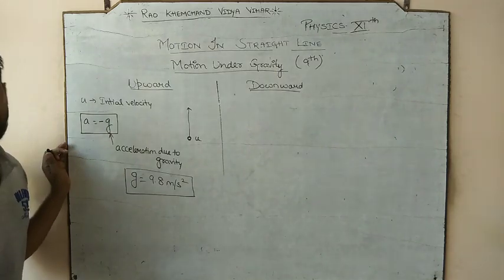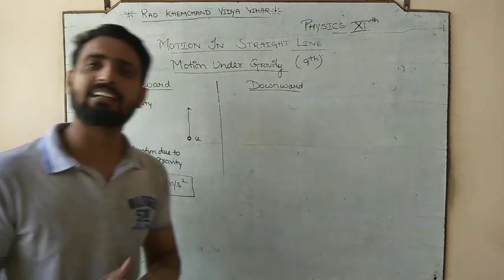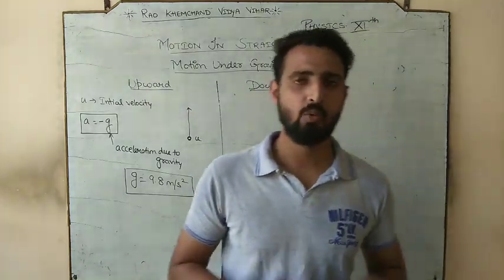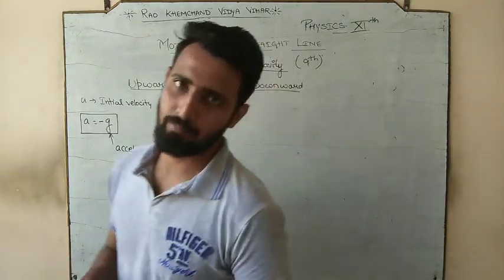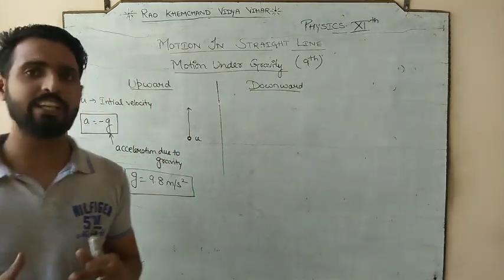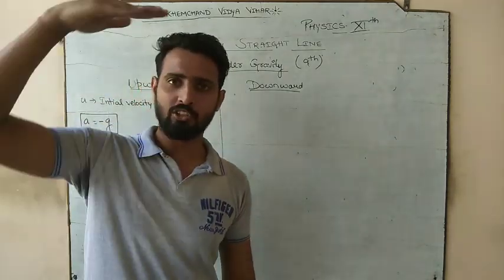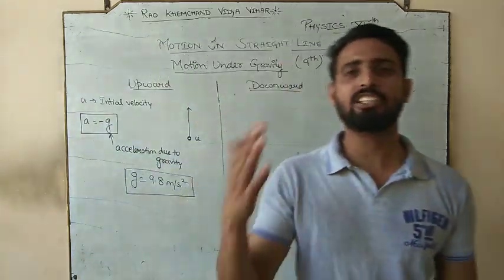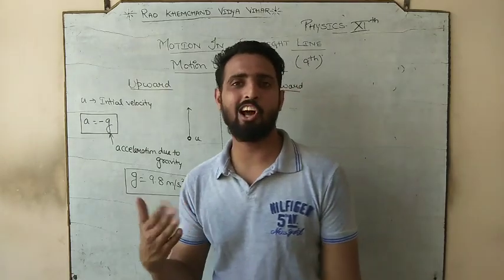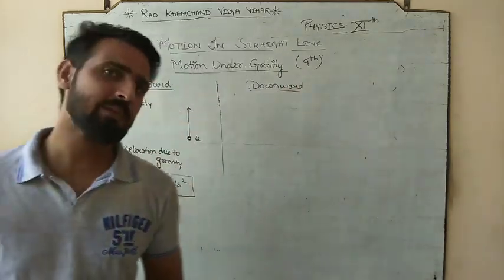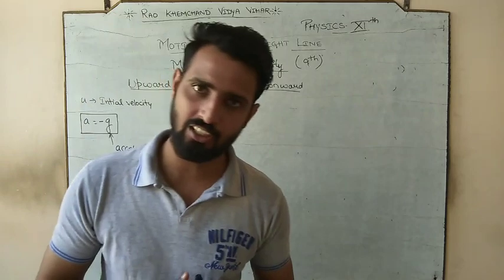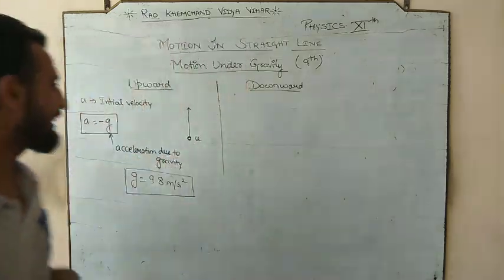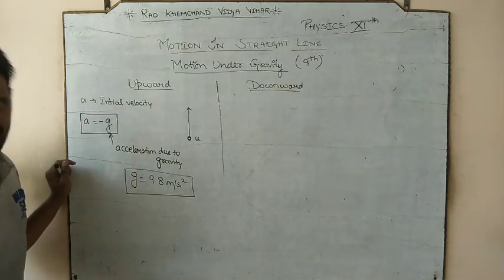What does that negative acceleration imply? The negative acceleration implies that the body is in retardation. What is the meaning of retardation? That means our velocity is going to change, but our velocity is going to decrease. जब भी किसी भी body का velocity decrease होता है, there is acceleration, meaning there is a change in velocity, but that change is in a negative direction, and that negative acceleration is also called retardation.